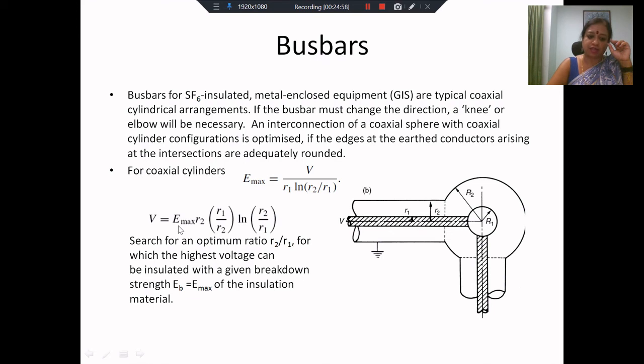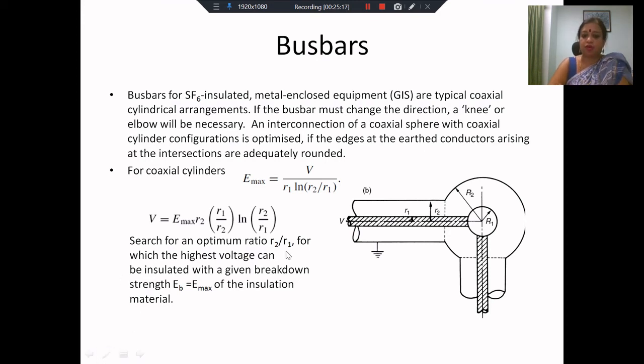That Emax should be equal to EB, which is the breakdown strength of SF6 if SF6 is the insulating medium. Now I would like to design the inner conductor radius in such a way that I can apply the highest voltage without breakdown occurring.